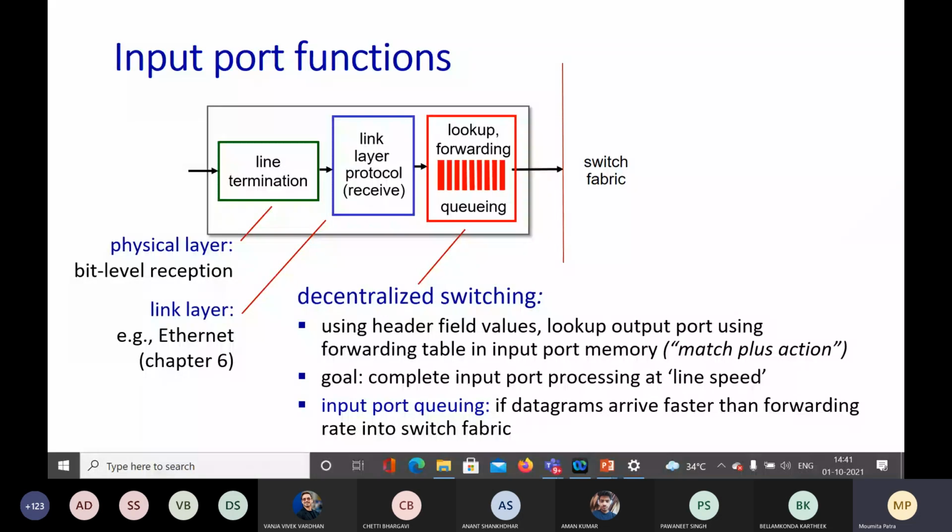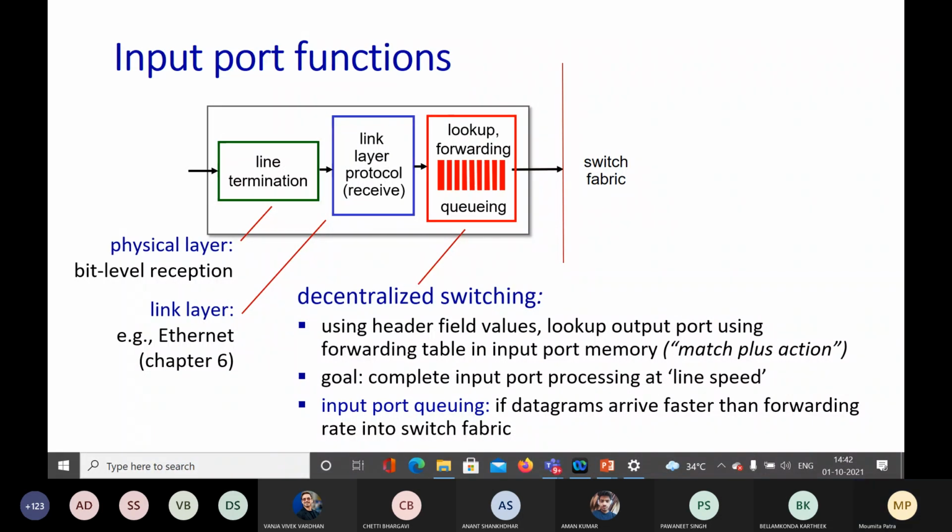I just told you that the network layer functionality that happens here is that first the lookup is done to find out the corresponding output port where the datagram has to be forwarded, and then it has to be forwarded to that output port. This task is called decentralized switching, where you use the header field values and look up the output port using the forwarding table, which is there in the input port memory itself.